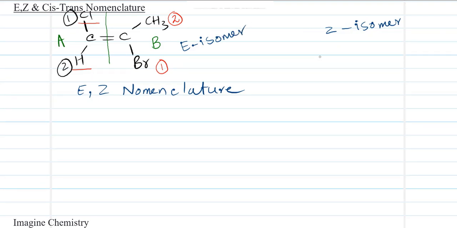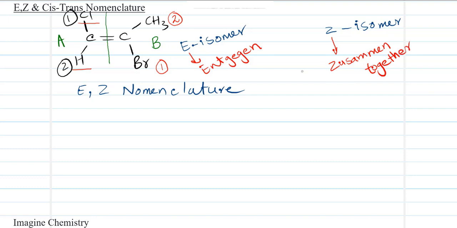These two terminologies, E and Z, arise from German words, where Z represents zusammen and E represents entgegen. Zusammen means together, whereas entgegen means opposite.